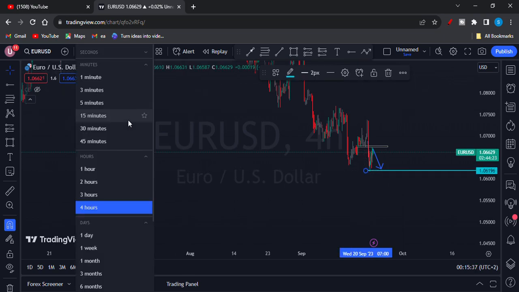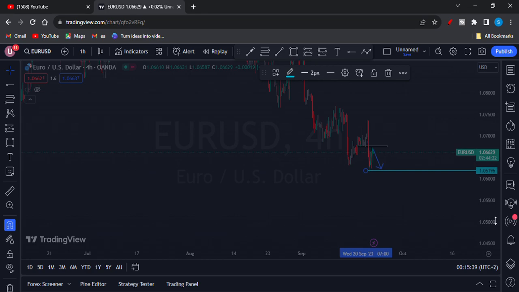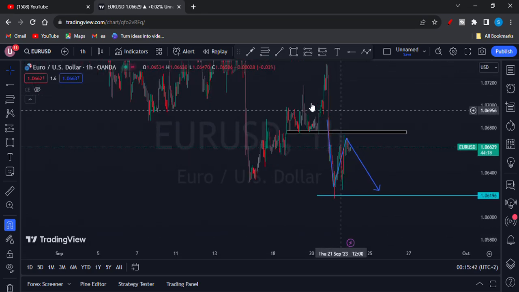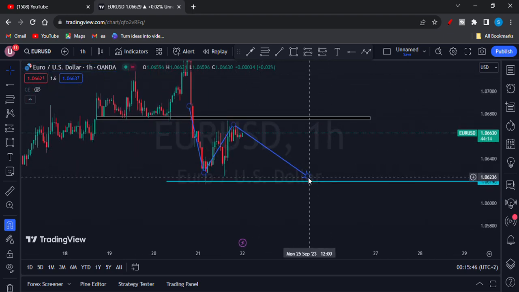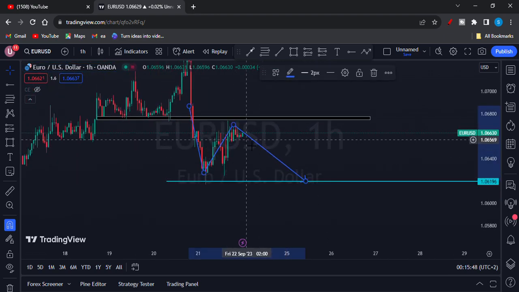Then let's go to hourly. So currently that's my analysis for EURUSD.